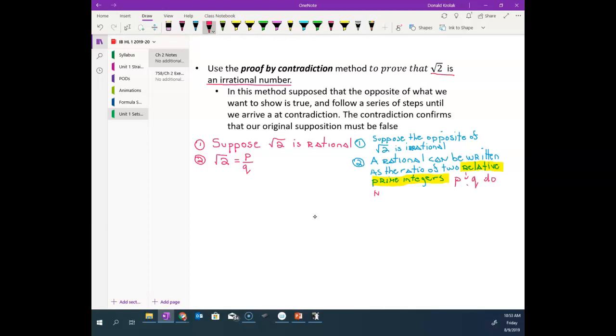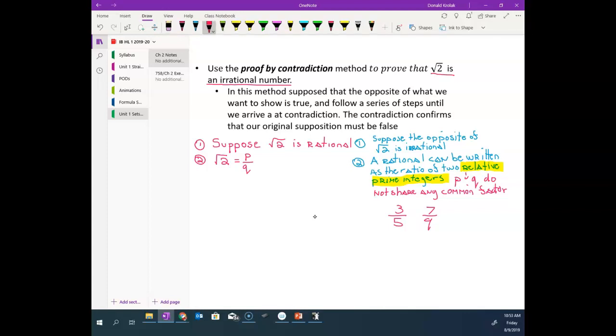Do not share any common factors, like a 2 or a 3. So like the ratio 3/5, that's relatively prime. I can't divide them by anything. 7/9. They don't have to be prime numbers, but you can't reduce it.